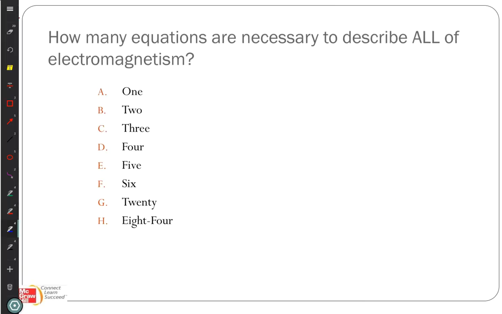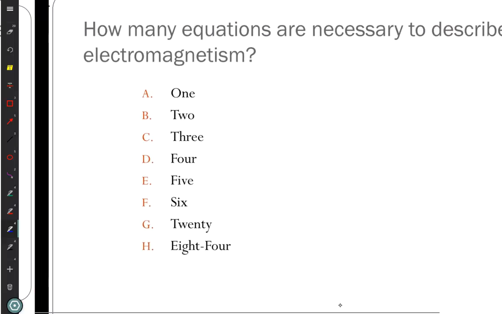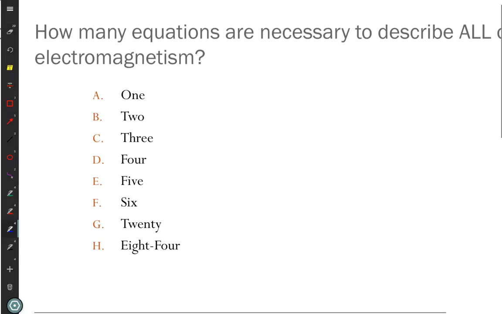Let's have our first clicker question. How many equations are necessary to describe all of electromagnetism? Okay, all of us have answered.